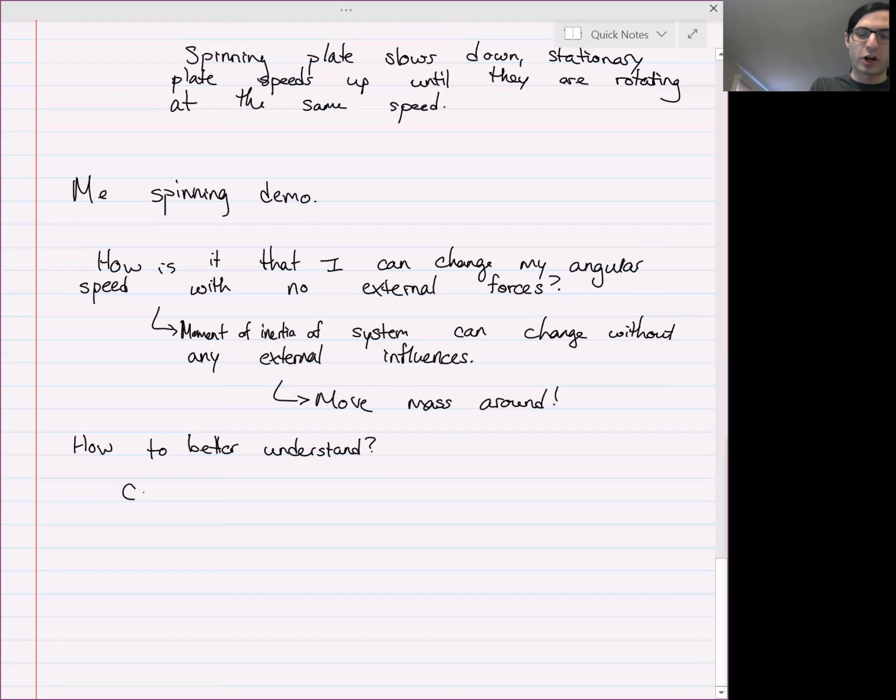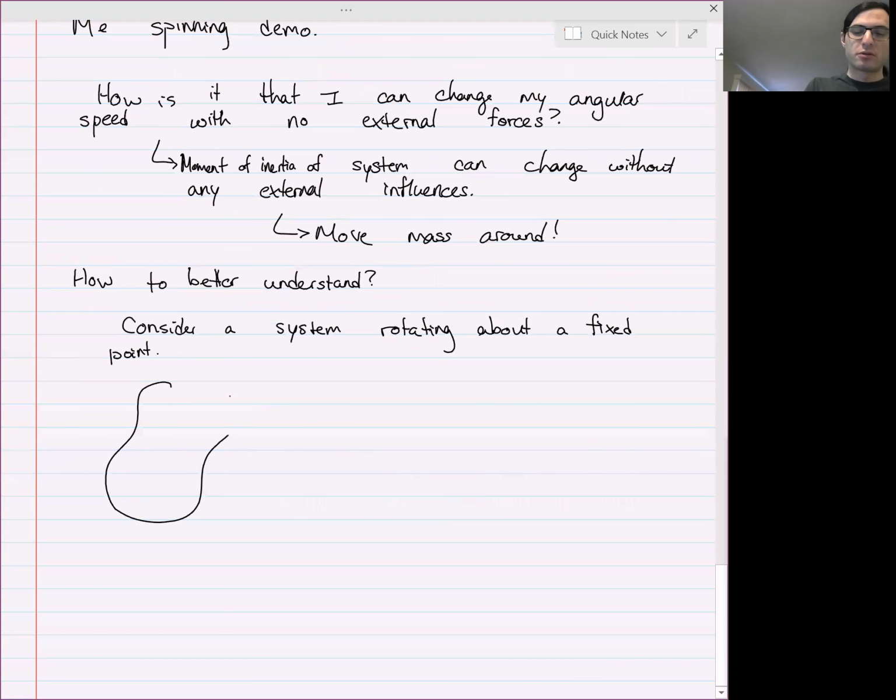So let's consider a rotating system, a system rotating about a fixed point. I'm going to draw my standard issue blob. Let's say that there's just some fixed point there. It's an axis of rotation or something, and the whole thing is rotating about it, right?